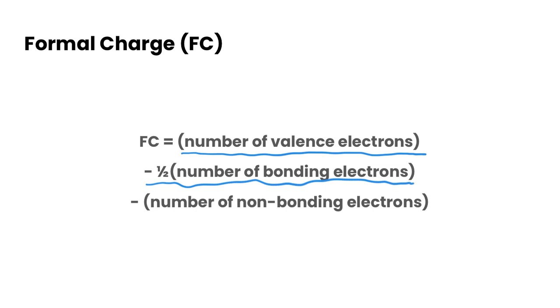Because we're talking about covalent compounds, taking half makes sense, because half of the electrons are coming from that atom and half from another atom. And then finally, we're also subtracting the number of non-bonding electrons. So those paired ones, we're subtracting those as well.